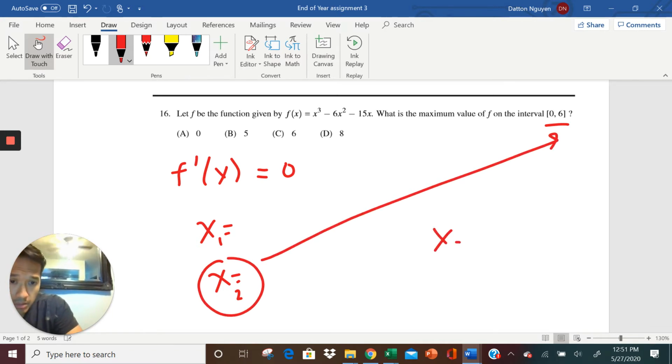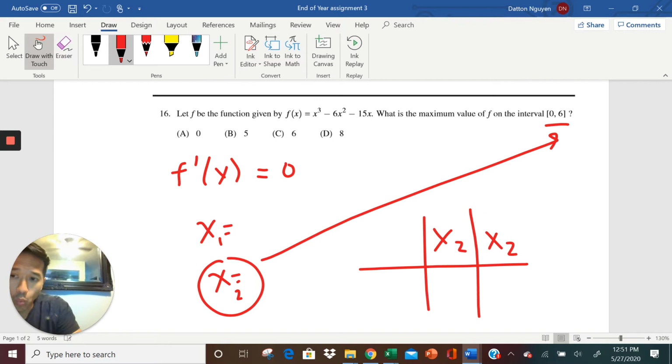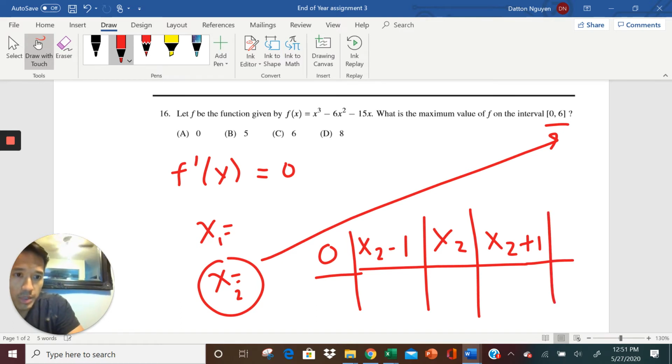So I'm going to put x2 right here, for example. And I'll put a point that's 1 higher than x2 on this side and 1 less than x2 on this side. And then on this side here will be 0, and on this side here will be 6. Those are the endpoints.